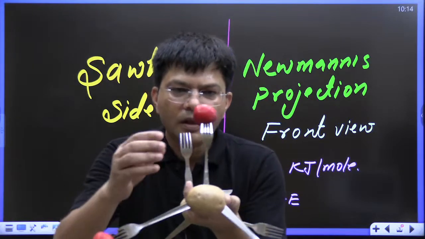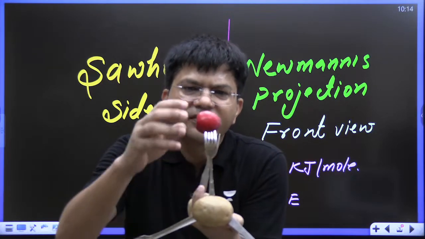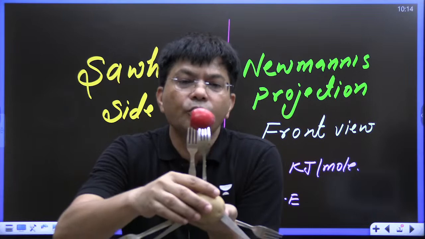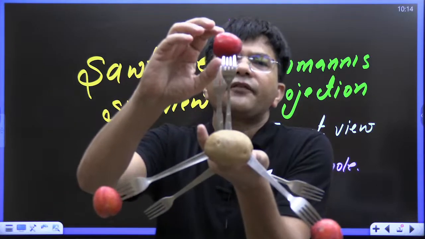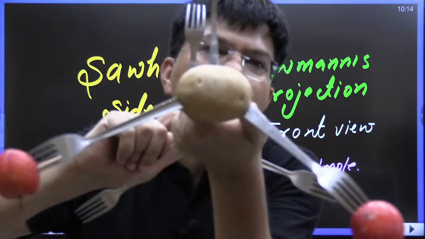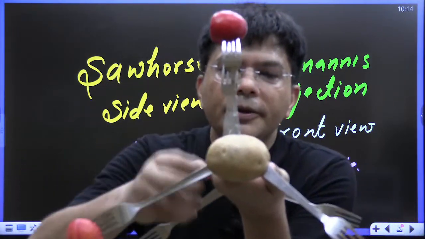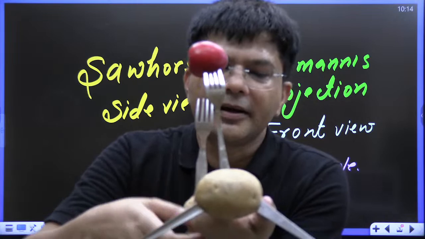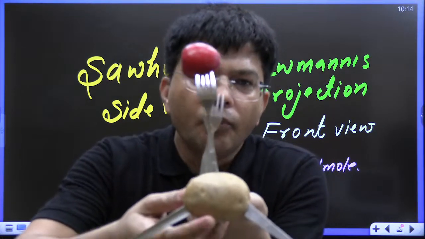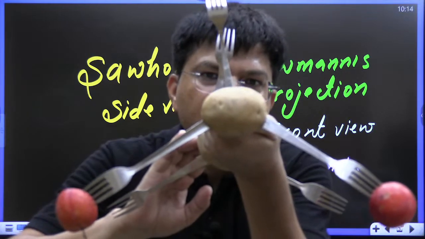Now, if I say this is the hydrogen and this is the hydrogen, they are just colliding together. If you see the front carbon, you won't be able to see the back carbon. Are you able to see the back carbon? If I show you the front carbon, the back carbon is not visible.